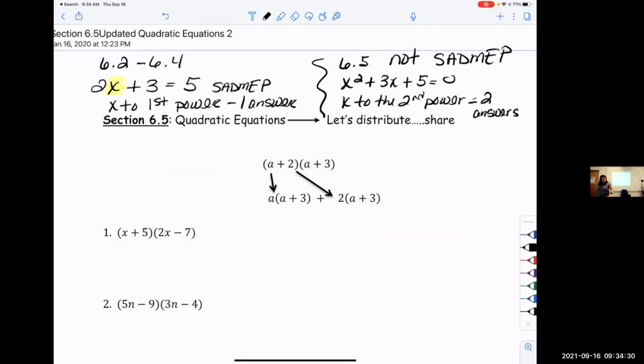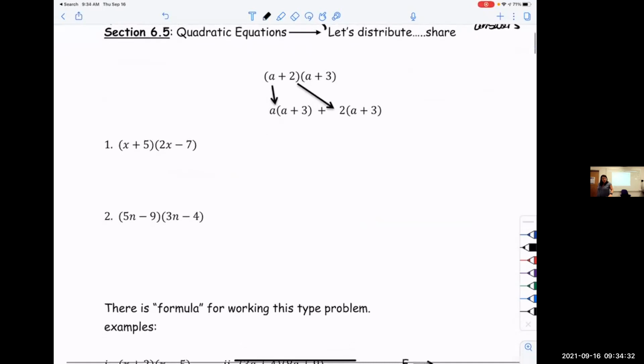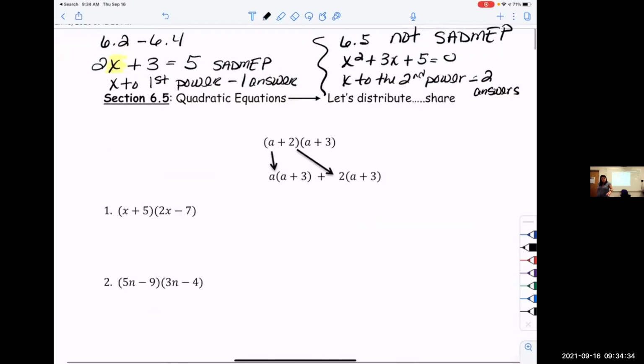All we're doing to start with is we are just going to multiply. So this is a binomial times a binomial. That means 2 terms times 2 terms. Trinomial, 3 terms. All right, so when we multiply, you can do it 2 ways. You can do distributive property or you can do FOIL. It doesn't matter.